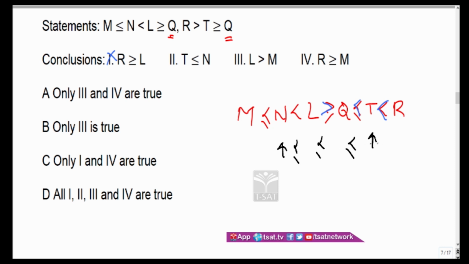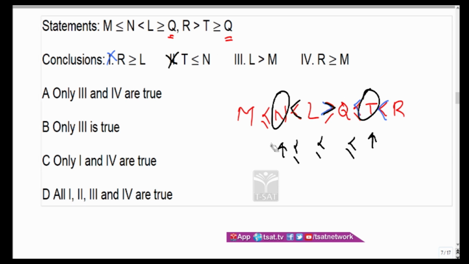Then only our conclusion becomes correct. But what is the problem here? Between T and N, there are opposite symbols. So whenever you see two opposite symbols, this particular conclusion also becomes wrong.